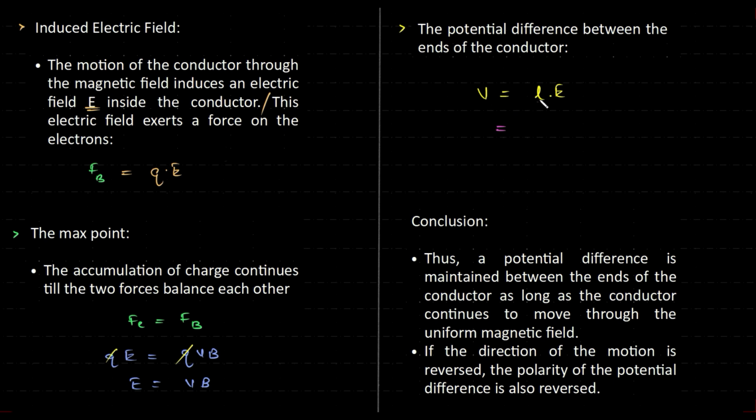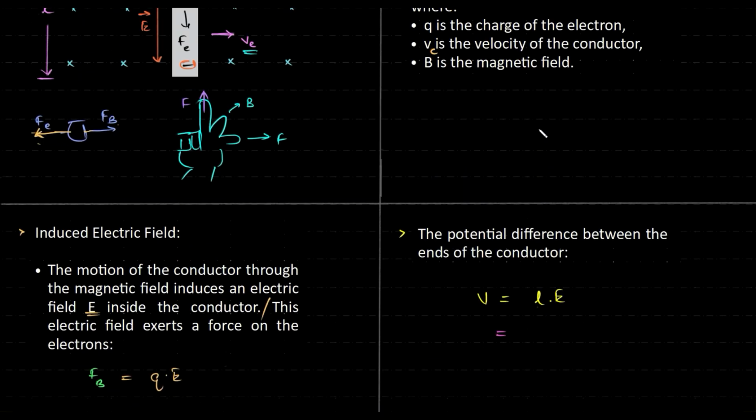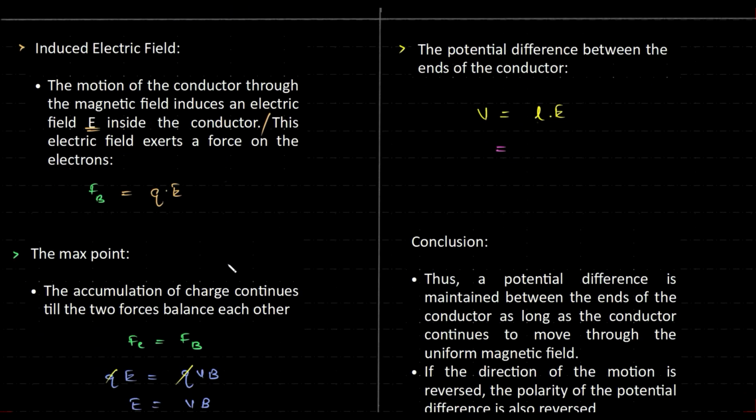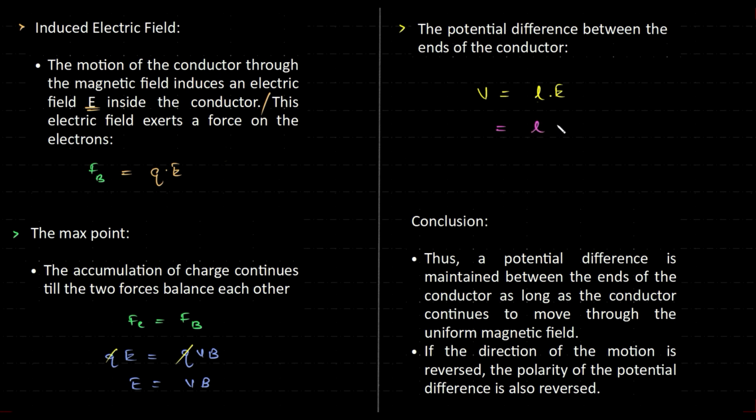Potential difference has to do with the force that we exert per unit charge moving from point A to point B. So we have length into E, where L stands for the length of the rod, basically the ends of accumulation. When we substitute, we have VB times L. It's the same expression as what we derived a few videos back.